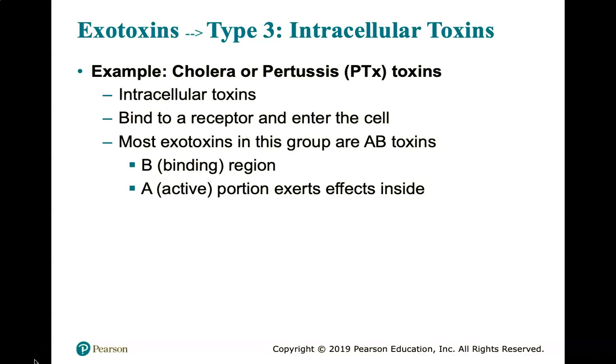And the binding portion will allow for the active portion to enter into the cell and cause whatever it affects within that cell, whatever the effects may be. And the effects that occur are a pretty wide range depending upon what toxin you're looking at. But again, the active portion enters the cell and triggers some type of reaction.